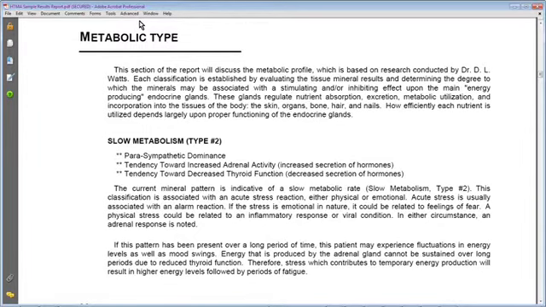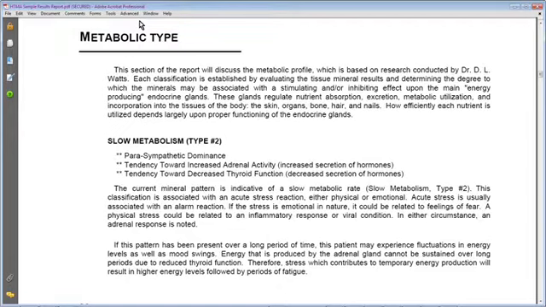This section of the report will discuss the metabolic profile, which is based on research conducted by Dr. D.L. Watts. Each classification is established by evaluating the tissue mineral results and determining the degree to which the minerals may be associated with a stimulating and/or inhibiting effect upon the main energy-producing endocrine glands.